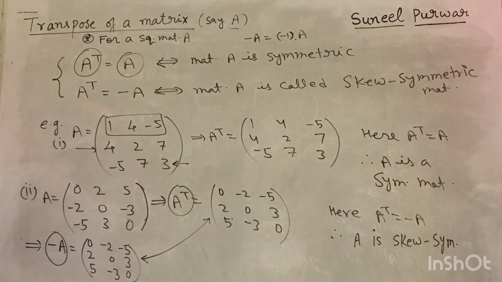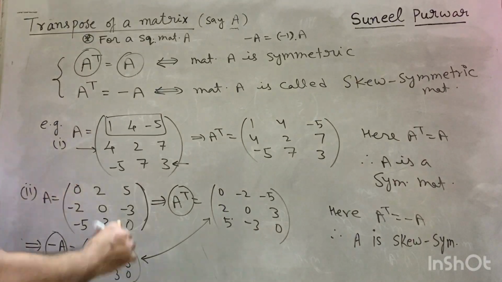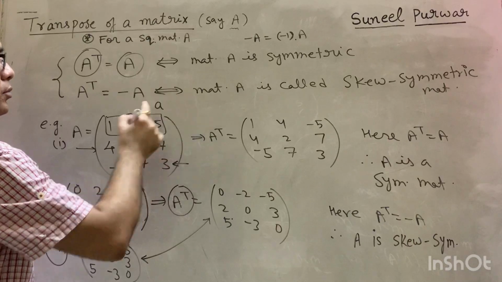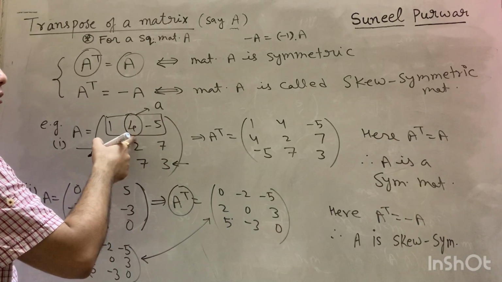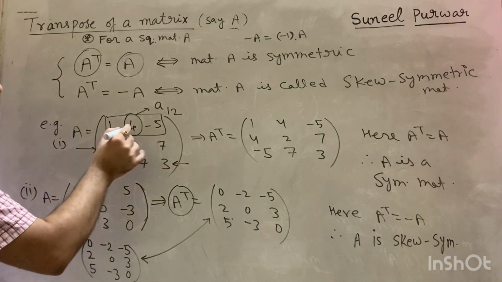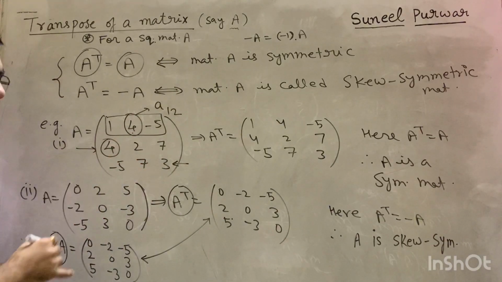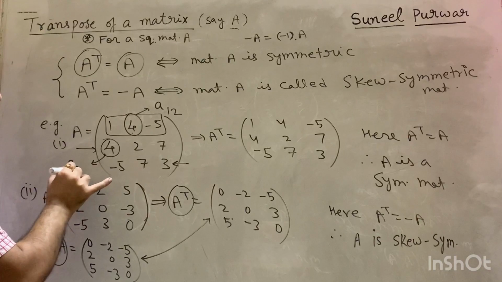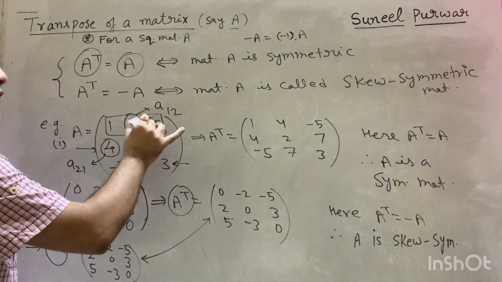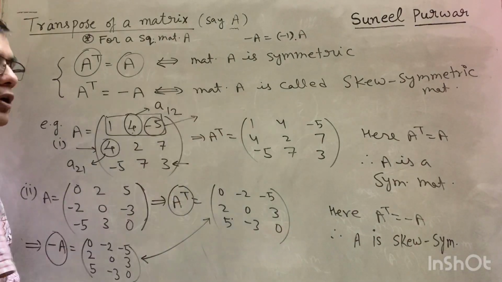Further, you can notice in a symmetric matrix, this is Aij. Suppose this is A. What is the position of it? First row, second column. A12, and this 4 is again repeated here, which is A21. Same trend will continue. You see, this is minus 5. What's the location?